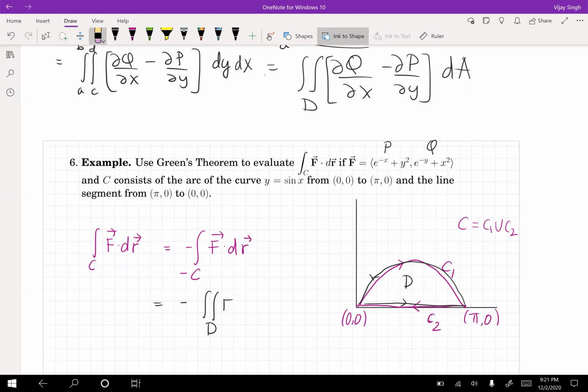So instead, this line integral turns into a double integral, and your double integral is dou p by dou y. Sorry, it's the other way around, right? So Q first, so dou Q by dou x minus dou P by dou y dA.